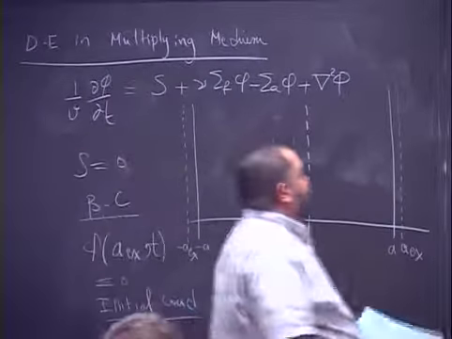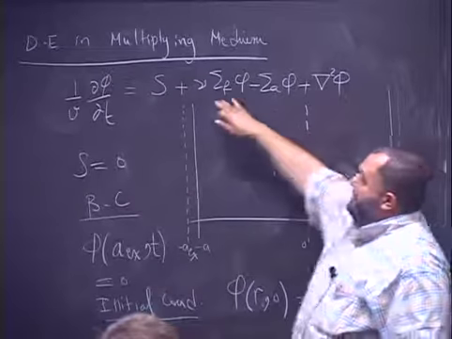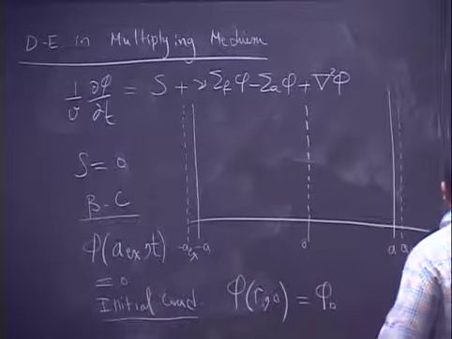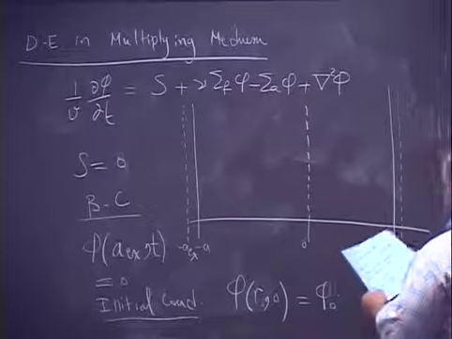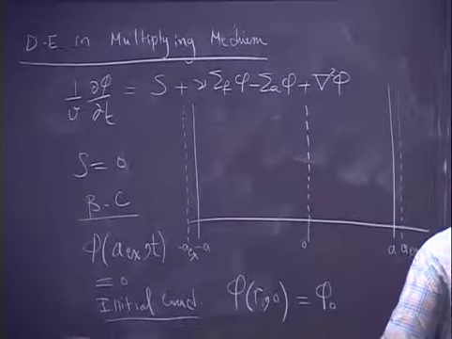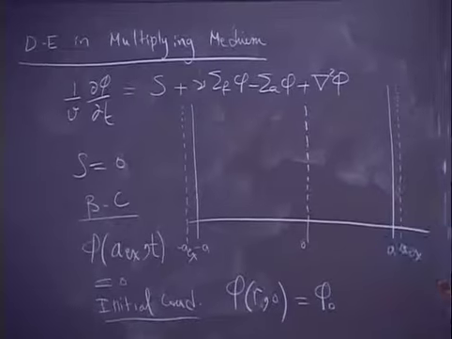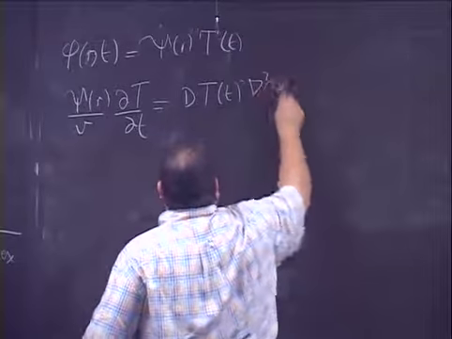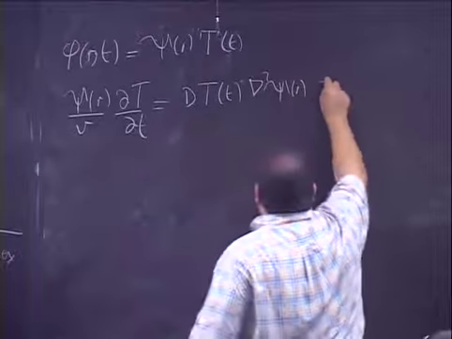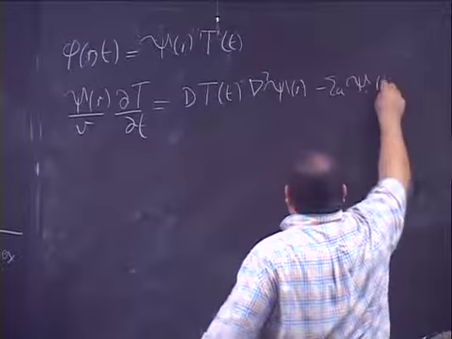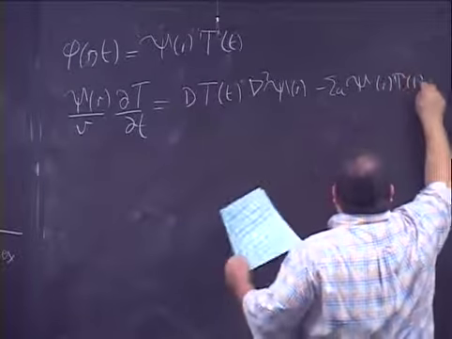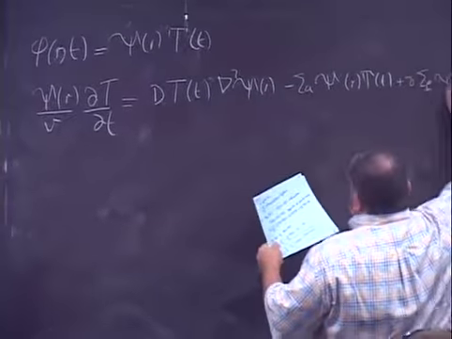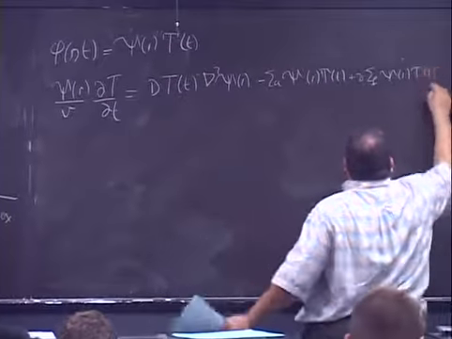Then when you take this equation and substitute it here, you will get psi of r divided by velocity, dT by dt, equal to T of t times D nabla square psi of r, minus sigma absorption psi of r T of t, plus nu sigma fission psi of r T of t.